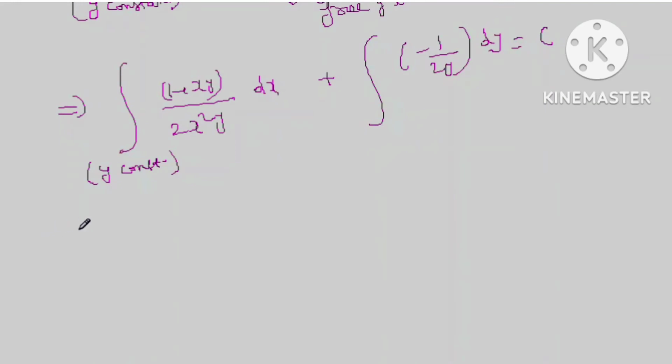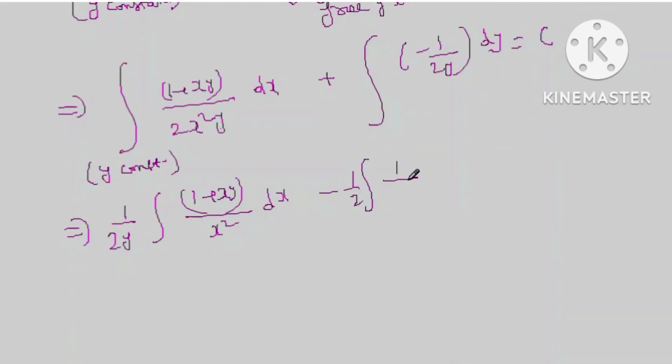Now let us solve this integral. Because y is treated as constant and 2 is also a constant, we can write outside the integral 1 by 2y, integral of (1 plus xy) by x square dx, and this is minus integral, 1 by 2 also is a constant, we can write outside, 1 by y dy is equal to constant of integration.